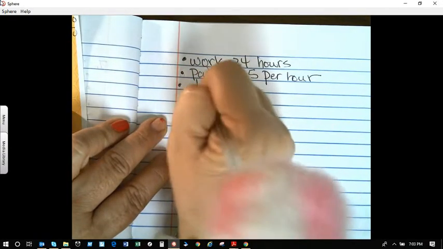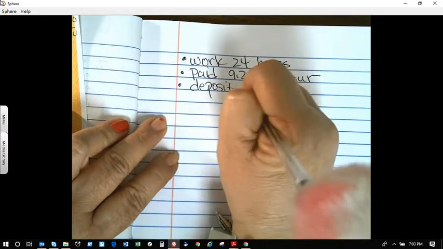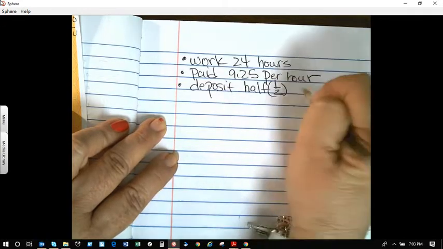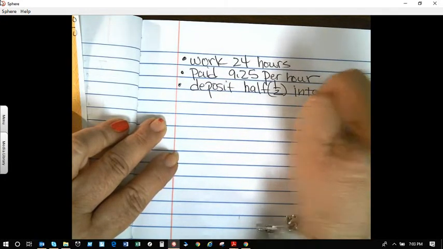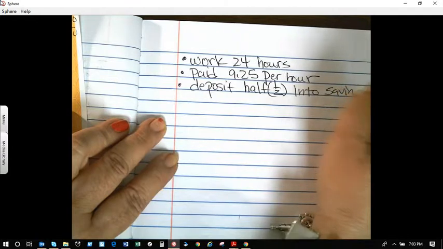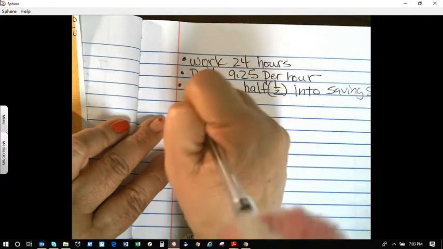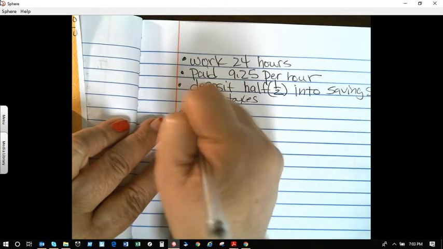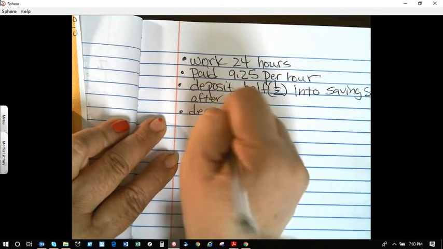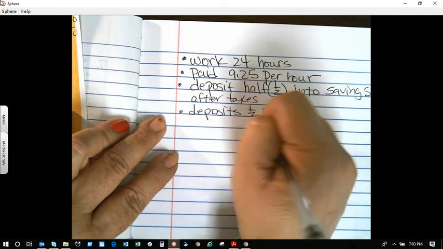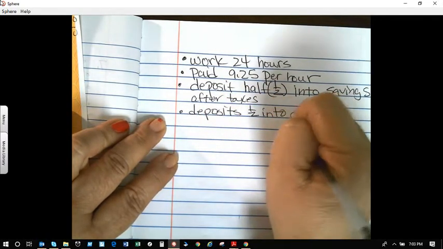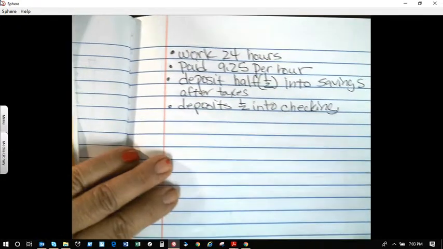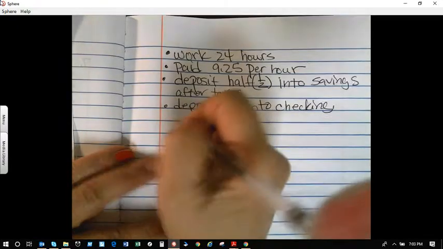Deposits half into savings. This is after taxes. And deposits the other half into checking. Okay? Question is how much money is deposited in each account?